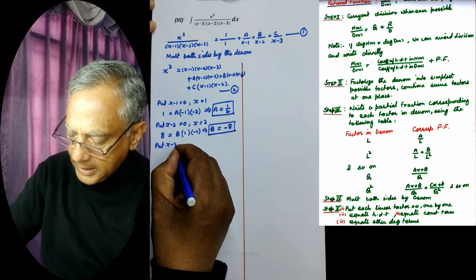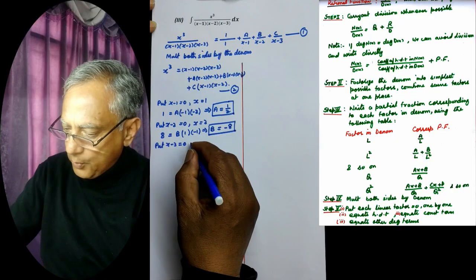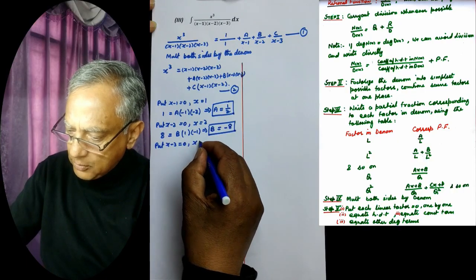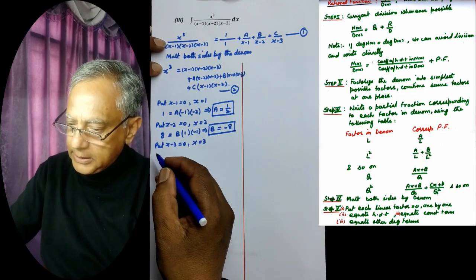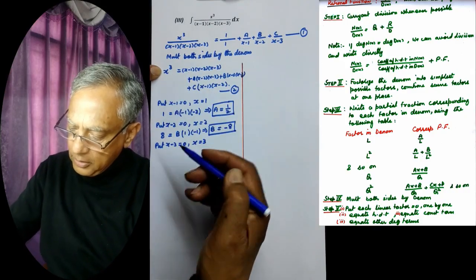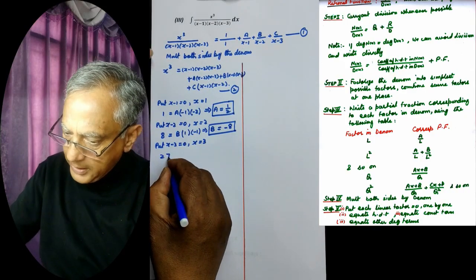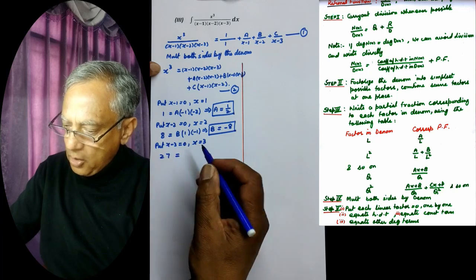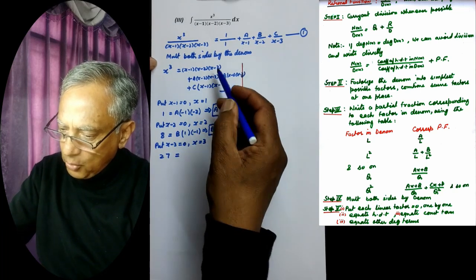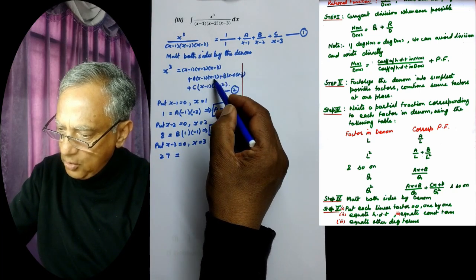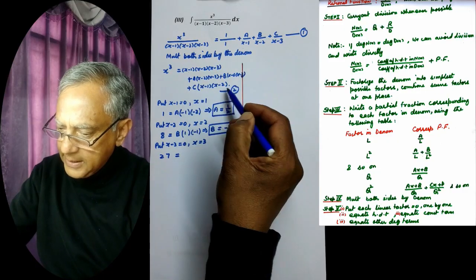Now we put x minus 3 equal to 0. That is x is equal to 3. So 3 3s are 9, 3 9s are 27. So this will be 27 is equal to, now x minus 3 is 0. Therefore this is 0, this is 0, this is 0. We will get only this term.